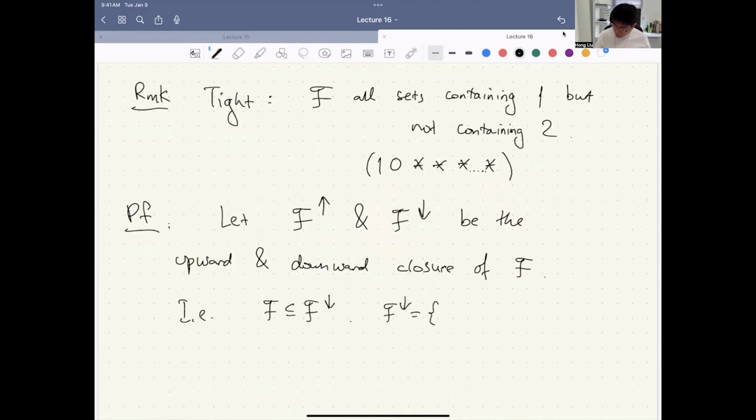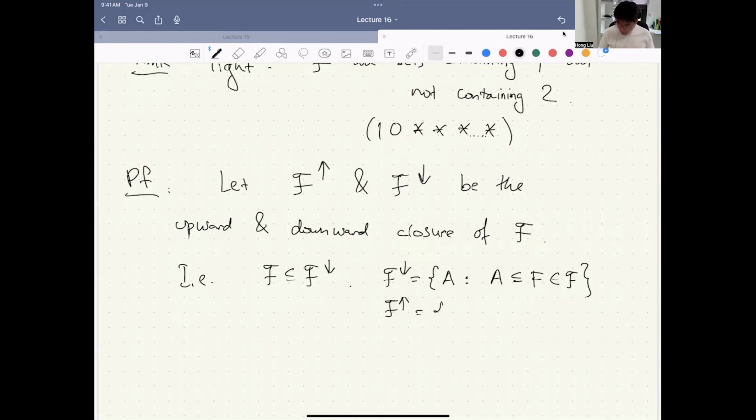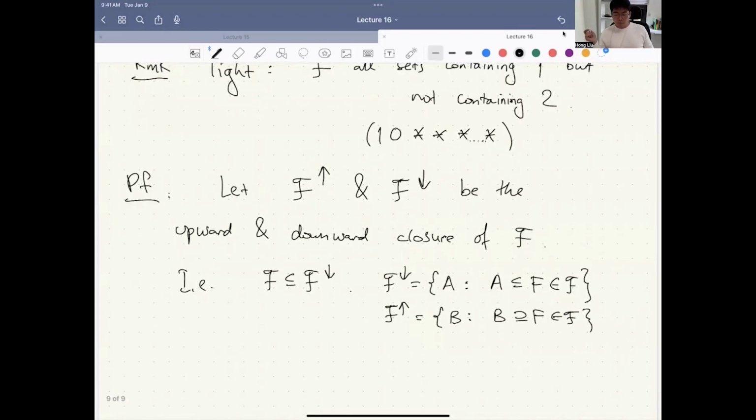This consists of all the subsets: for every subset A of F in the family F, we put it into the downward closure. Good.